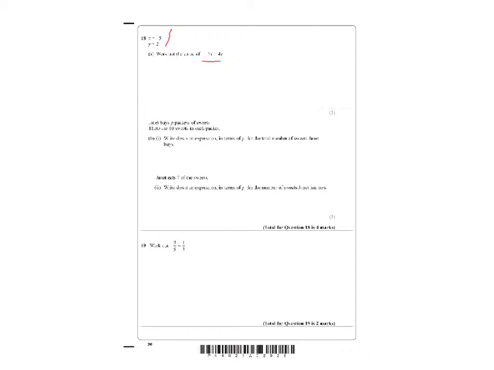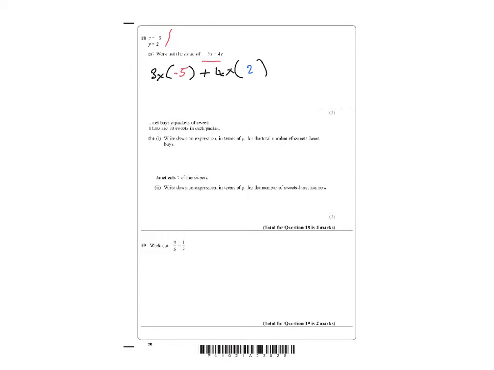So, to do that, I'm going to substitute my values in. So I'm going to have 3 times, and I'm just going to replace the x by a bracket for a second, and 4 times, and I'm going to replace the y by a bracket. Okay, the x value is -5, so I'm just going to put -5 in that bracket, and the y value is 2. So I'm now going to work those separately out.